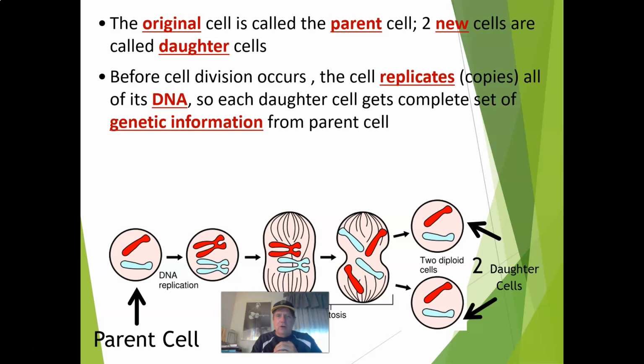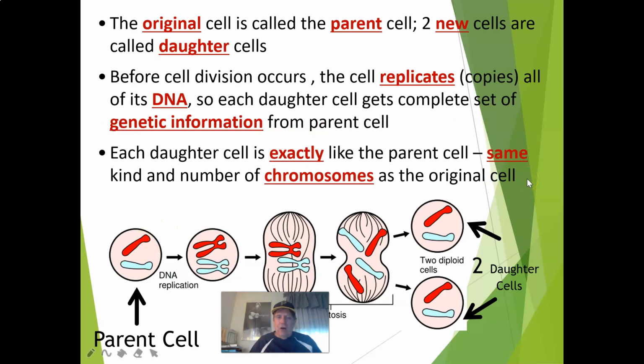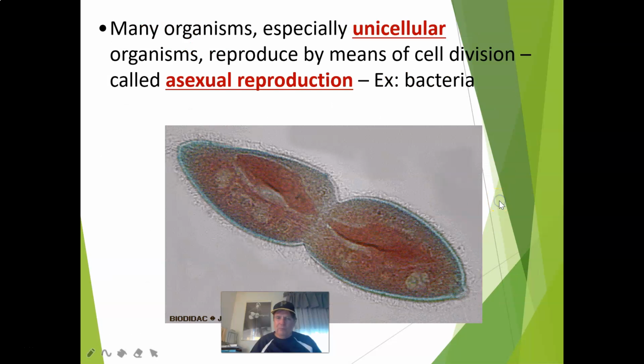So each daughter cell gets a complete set of genetic information from a parent cell. Each daughter cell is exactly like the parent cell. That's very important. Same kind and number of chromosomes as the original. If you look here at this picture, the parent cell and the daughter cells are exactly the same. Same number of chromosomes as the original cell.